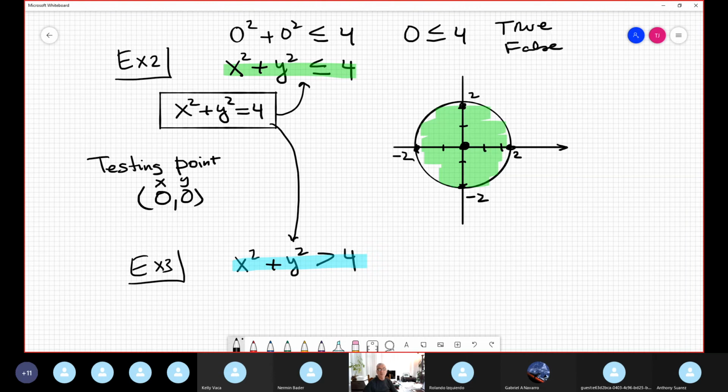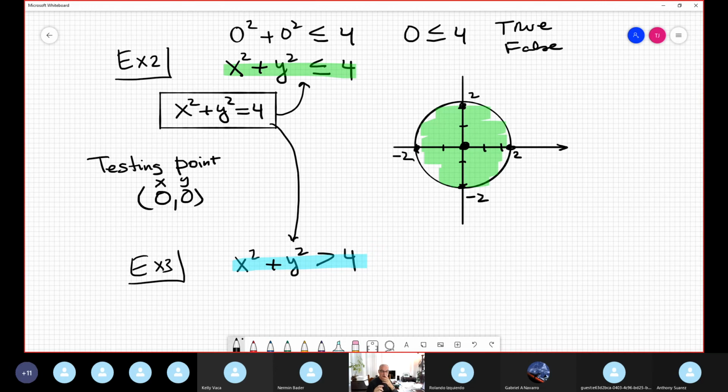What do you think? True or false? It's true. So the green part is the region, the closed figure inside.